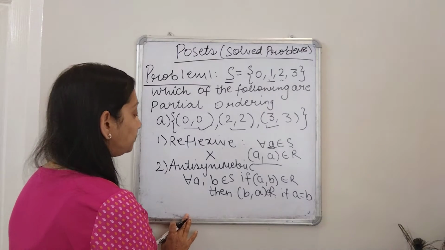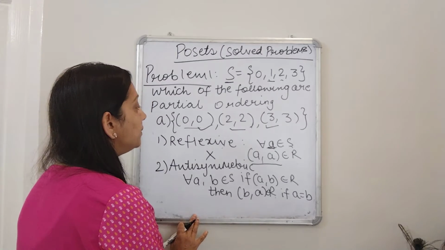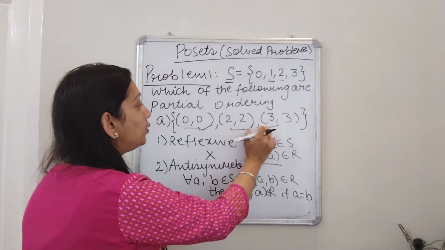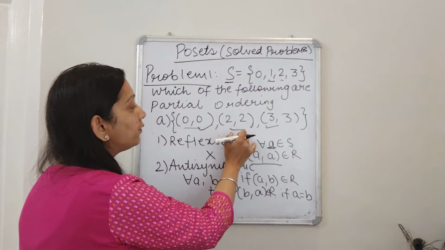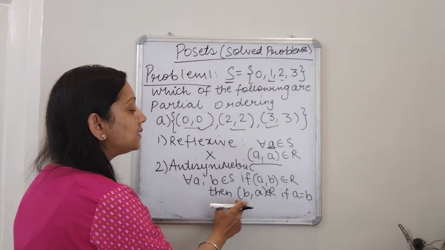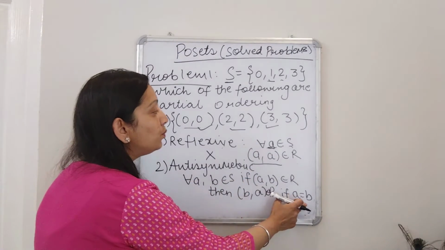So let us see. 0, 0 is here, 2, 2 is here, 3, 3 is here. So the opposite of 2, 2 and 3, 3 will also exist, because if AB exists, then BA would exist only if A equals B.